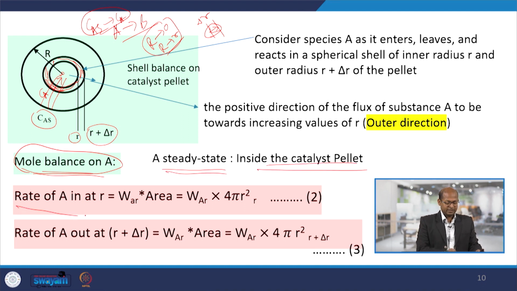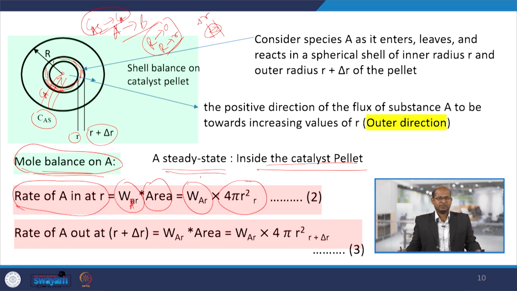So, the rate at r, that equals the flux W A r, and the area if we know at a particular point, this is the flux, W A r is the flux, a rate of moles transferred per unit time per unit area.